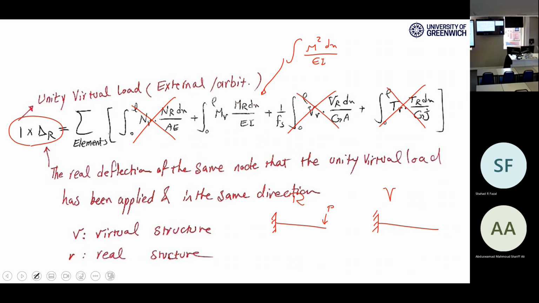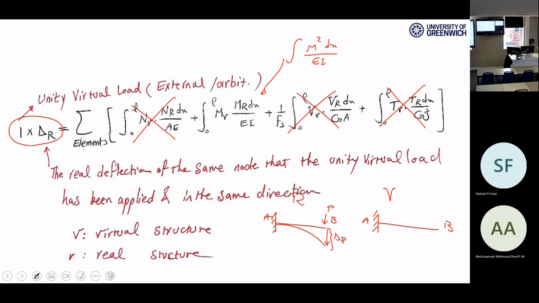For example, you're aiming at calculating how the point B, if it's BA, goes down. Delta R is the deformation of point B along the vertical direction, right?